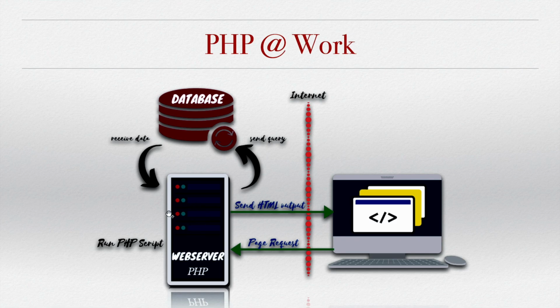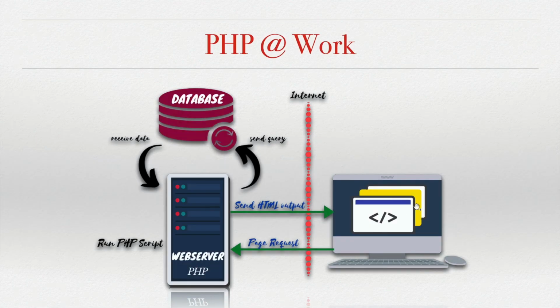The PHP script then analyzes and synthesizes that data and sends back a very presentable HTML output to the client, which is shown in the web browser. So this completes the cycle of sending a page request from a client machine to the web server, where the PHP is parsed, the script gets the information from the database, and then presents it and sends it back to the client side.